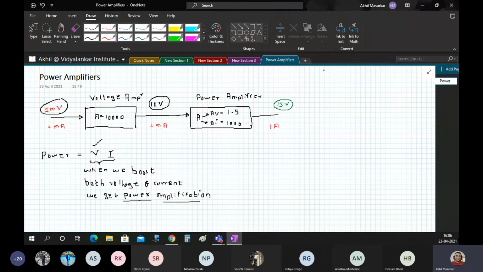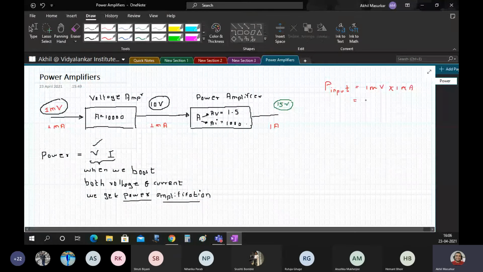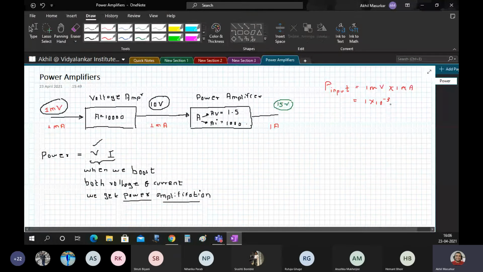So you can see the input power. What was the input power? Let's say 1 millivolt into 1 milliampere. That is 1 into 10 raised to minus 3 into 1 into 10 raised to minus 3, which will be 10 raised to minus 6 watts, or 1 microwatt.